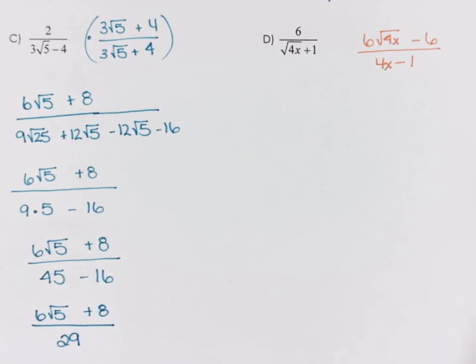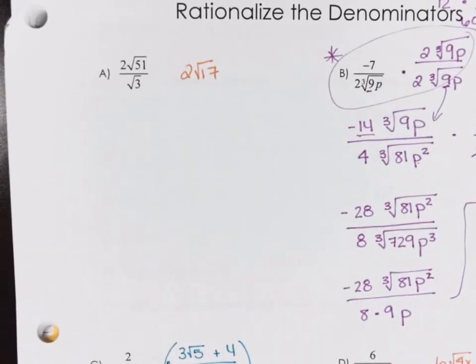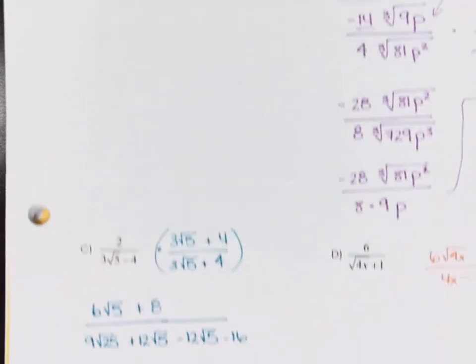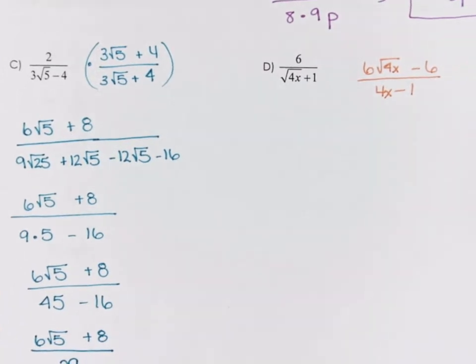Okay, and then I'm going to show you the answer for A. A is a lot easier to copy. 2 root 17. Okay, so I'm going to stop the video. I want you guys to work on those two.